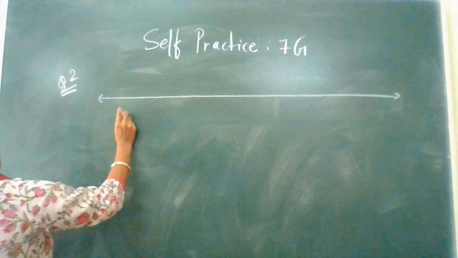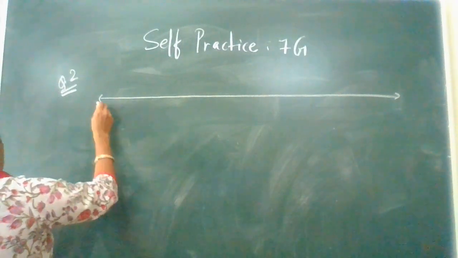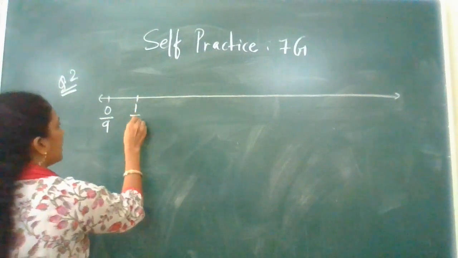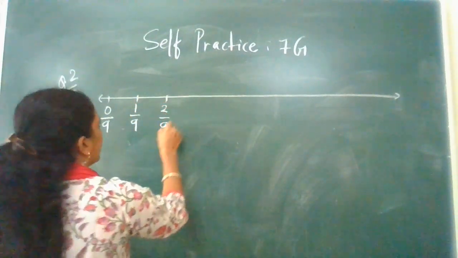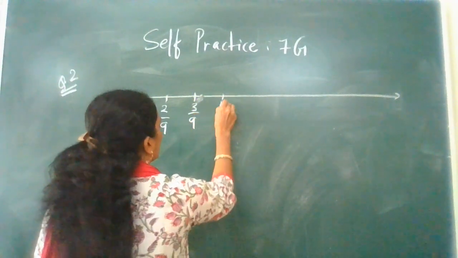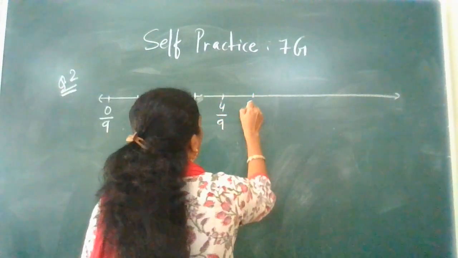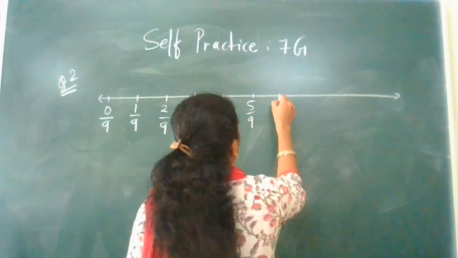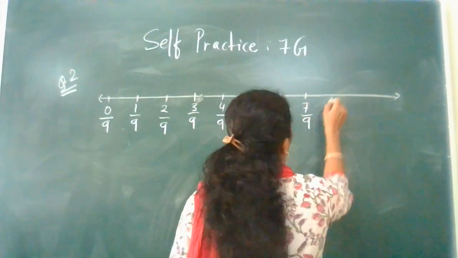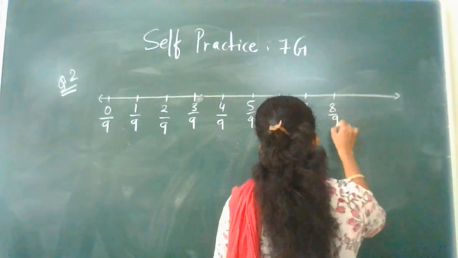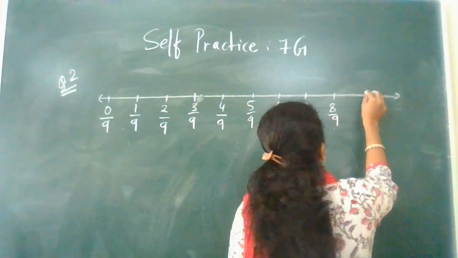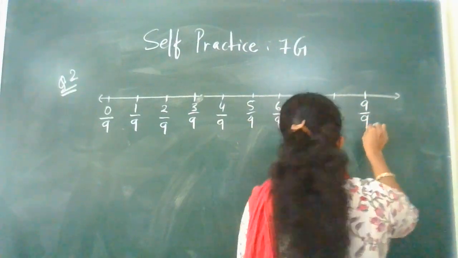And on the number line, there are 0 upon 9, 1 upon 9, 2 upon 9, 3 upon 9, 4 upon 9, 5 upon 9, 6 upon 9, 7 upon 9, 8 upon 9, and the last one is 9 upon 9.